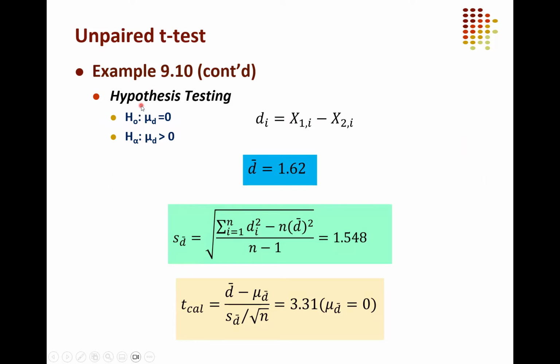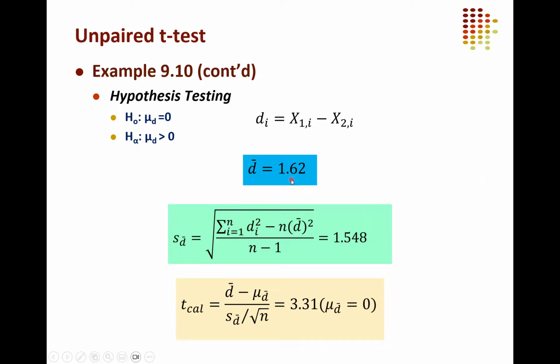First, we define the hypothesis that mu d is 0, that there is no difference between the measurements from pan A and pan B, and mu d is greater than 0 to highlight the significant difference. This is going to be the statement of the alternate hypothesis. So we will go through the calculation.